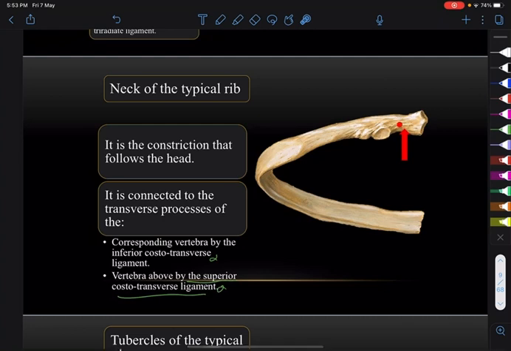So the neck, with the tubercles, is attached to the transverse process of the corresponding vertebra, the thoracic vertebra, for example 4, 5. Forget the names of these ligaments, they are not required. But know that the neck is connected to the transverse process of the thoracic vertebra.